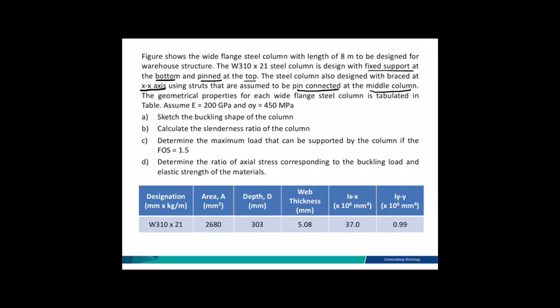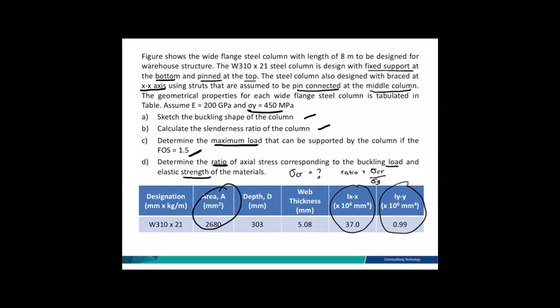And the geometrical properties such as the area, I-axis and RYY are given. You need to sketch the buckling column, calculate the slenderness ratio, maximum load if factor of safety is equal to 1.5, as well as the ratio of the buckling load and elastic strength. So first you calculate for stress, and then from here you can calculate the ratio.